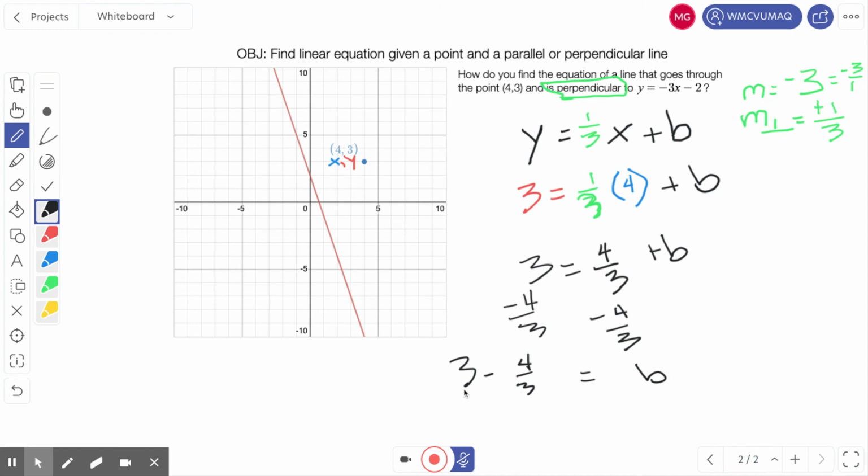To do that, let's put this over imaginary 1, and let's multiply both fractions by 3 over 3. Why is that allowed? Because 3 over 3 is just multiplying it by 1. You can always multiply something by 1 because it really doesn't change the structure. It just changes how we think of the number 3.